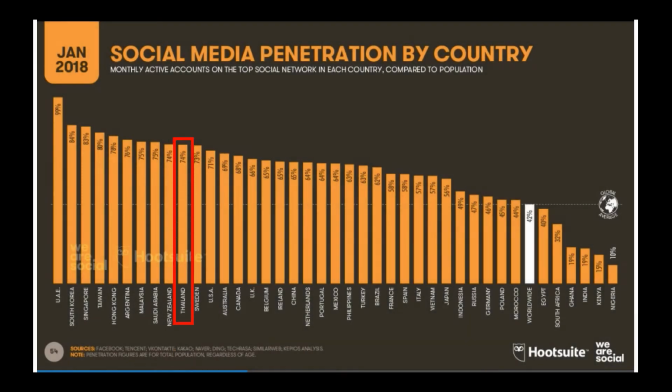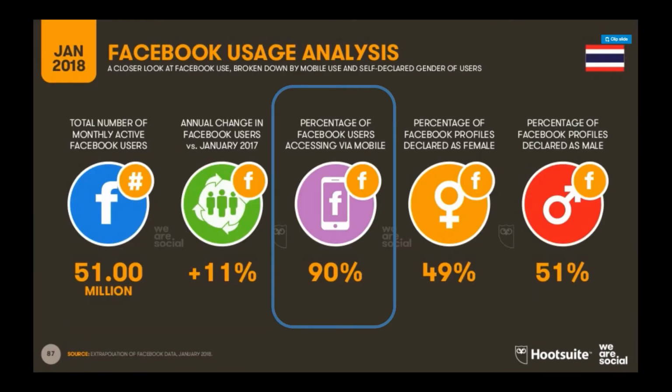Thailand ranks number 10. This is social media penetration by country globally. Thailand ranks in the top 10. Another reason why Facebook is so important. What's very important to know about Facebook is that 90% of their users access Facebook via a mobile device.